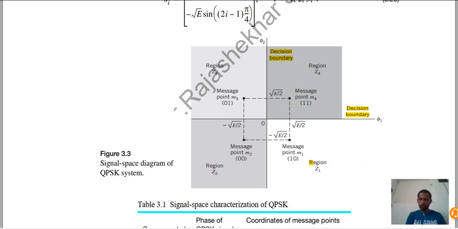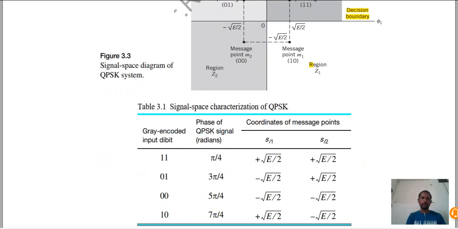And I will show a table which characterizes the signal space of the QPSK. In the first column, as I listed, there is the input dibit, or a pair of bit symbol, and then the second column is the phase shift in the QPSK signal, in terms of radians, and what is the energy and what will be the message point.